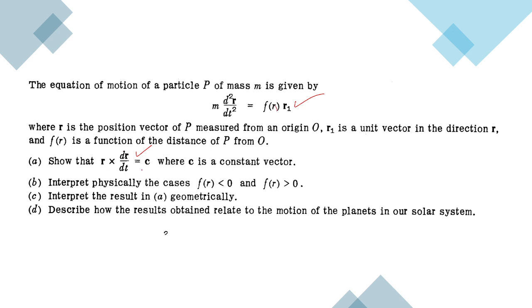We have to give a geometrical interpretation of this equation. Describe how the result obtained is related to the motion of the planet in our solar system. Okay, so let's start the calculation.